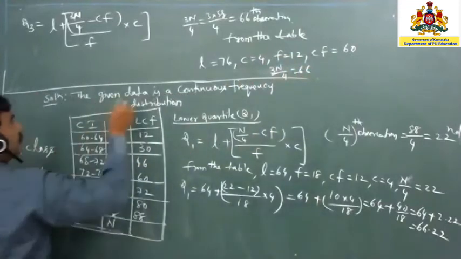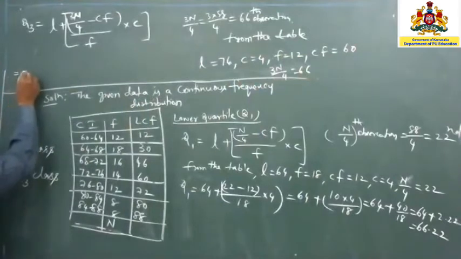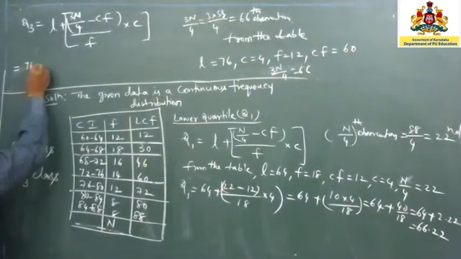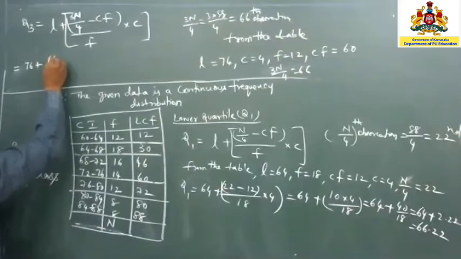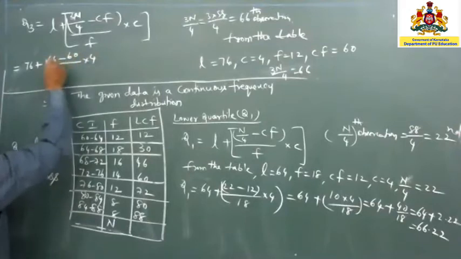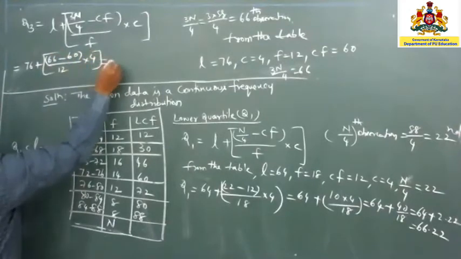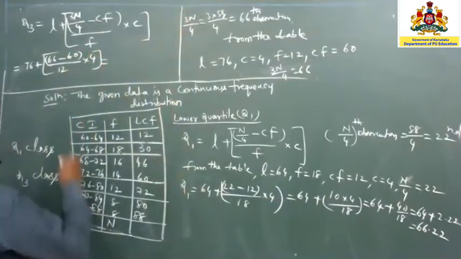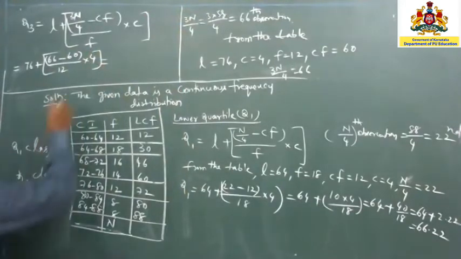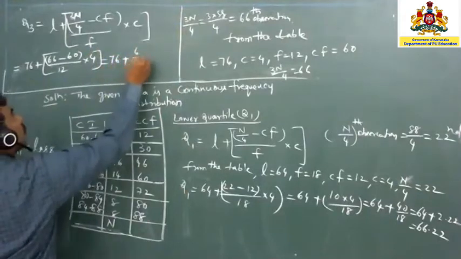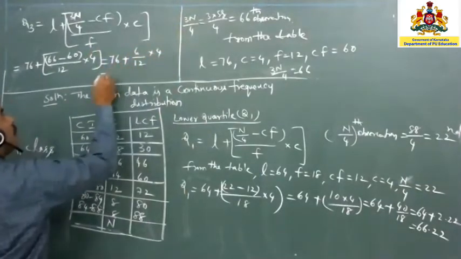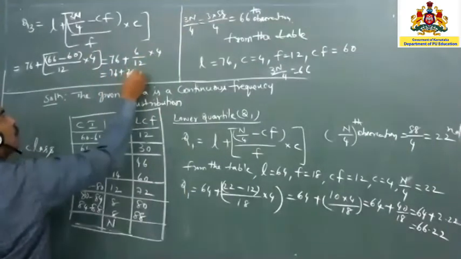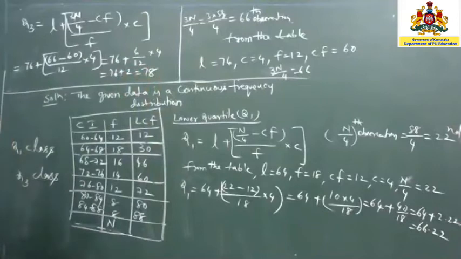Substitute the values: 76 plus (66 minus 60) by 12 into 4, equals 76 plus 6 by 12 into 4. 24 by 12 is 2, so 78.